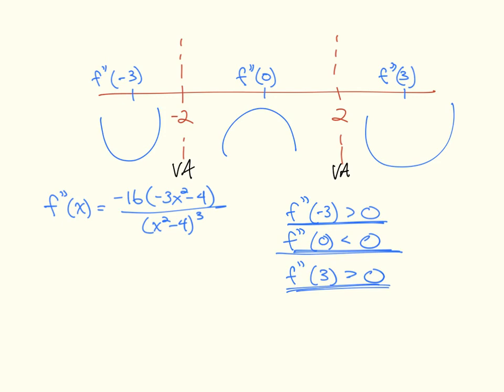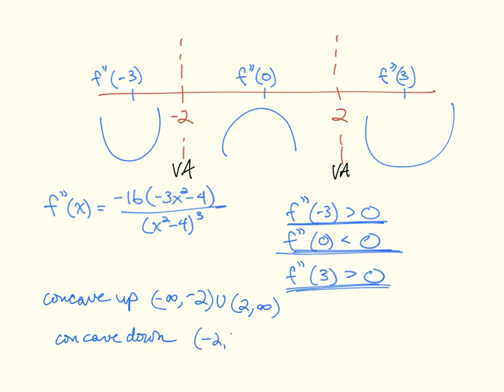So we have intervals of concavity. Being concave up happens from negative infinity to negative 2, and again from 2 to infinity. And being concave down happens between negative 2 and 2. But there are no points of inflection because of the vertical asymptotes where the concavity changes.